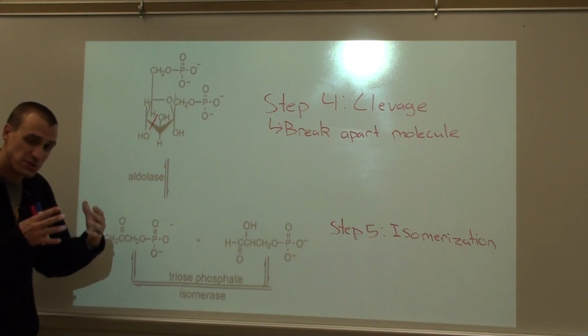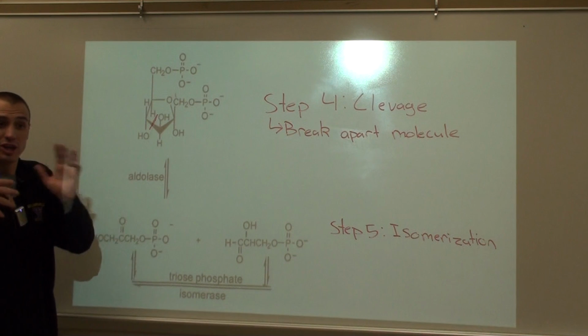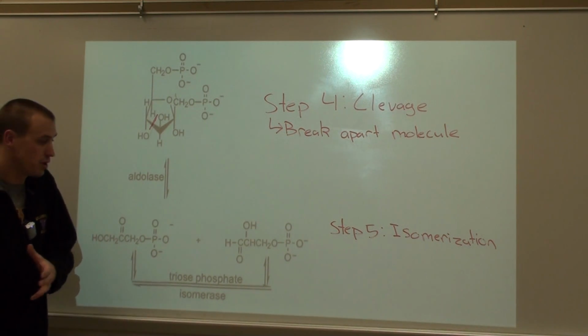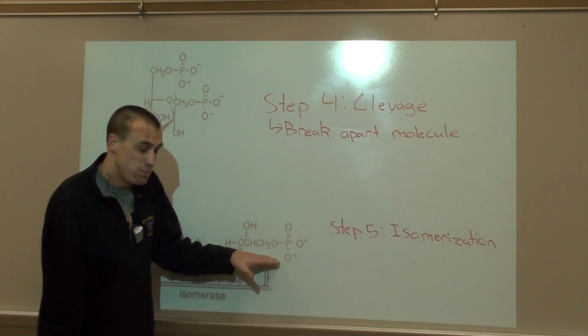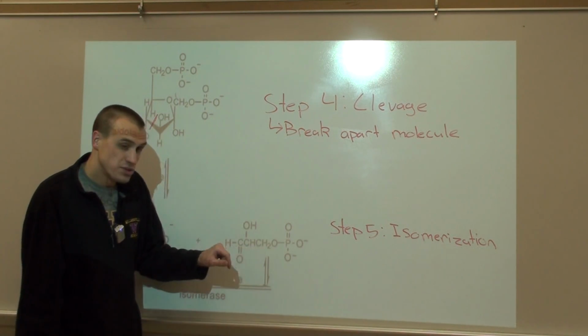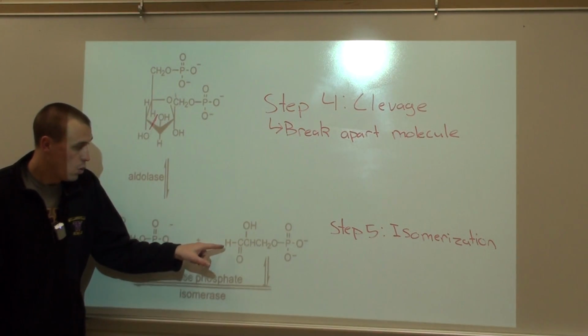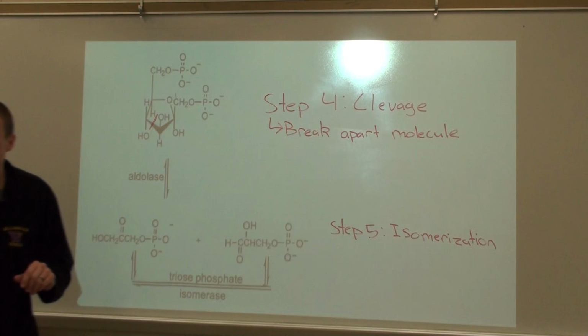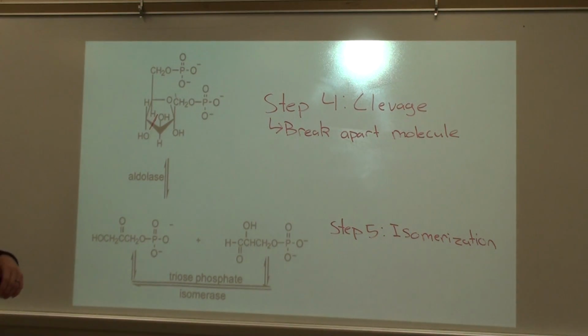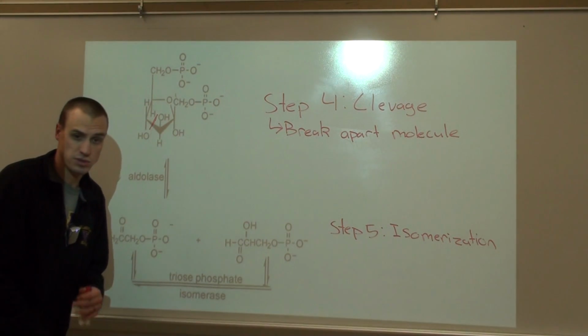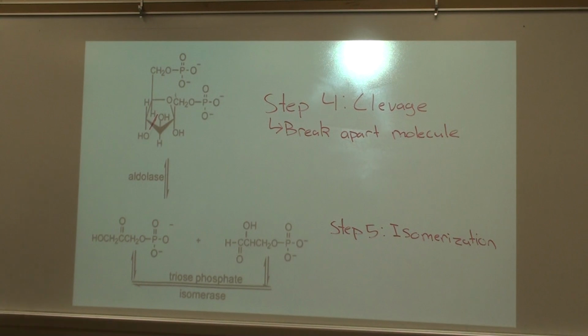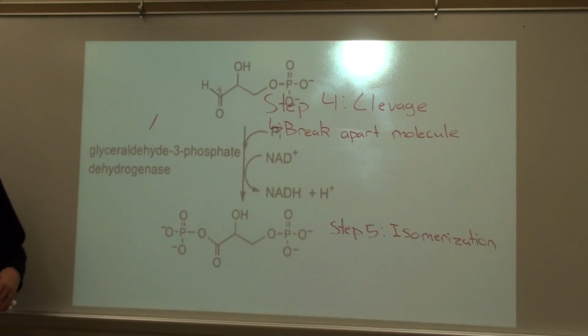So for steps 6 through 10, we're going to get some energy in return. Something to keep in mind is that we start out steps number 6 through 10 with 2 of these glyceraldehyde 3-phosphate molecules. Let's go ahead and get started with that energy producing phase of glycolysis.